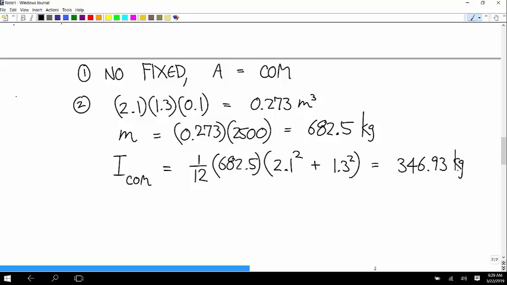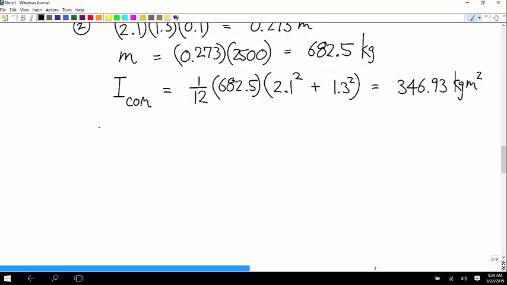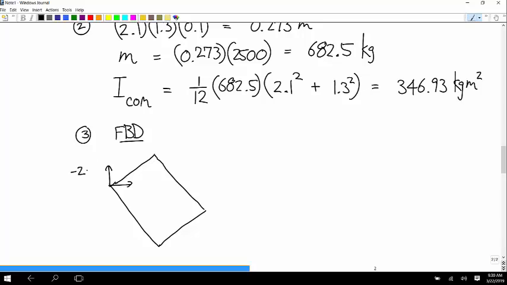346.93 kilogram meters squared. That's step 3, free body diagram. Basically we already drew this, but you can do it the way I did it before, or you can do it like this.